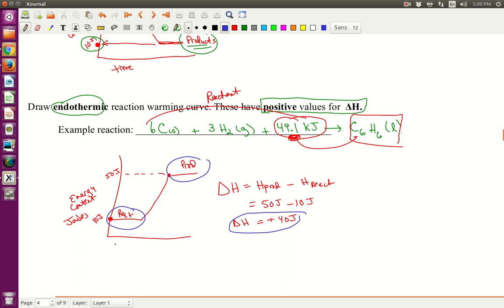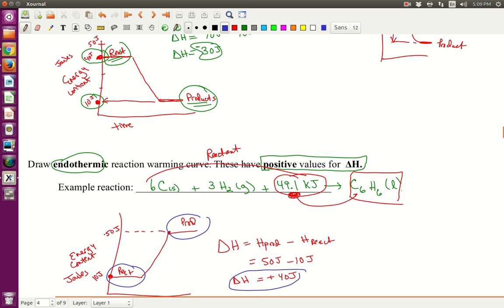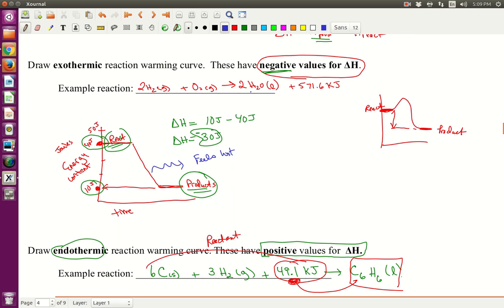So the delta H, the heat of an endothermic reaction, is always a positive value, and the products are always higher than the reactants. So look at the two warming curves. The products are lower than the reactants when you're losing that heat. The heat up here is lost or created, and it feels hot. This one feels hot because I'm losing all that energy. It's not inside the product anymore. This water does not contain this energy. This energy, you can feel it, or take your temperature.